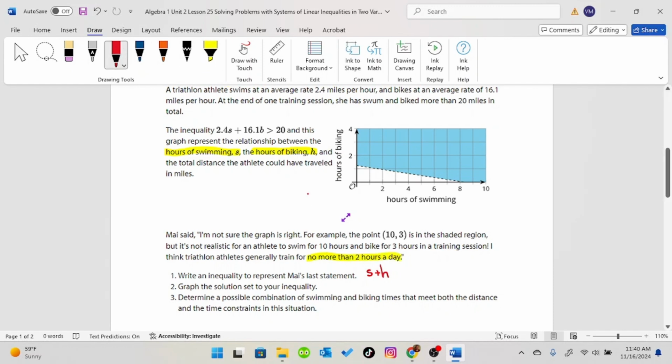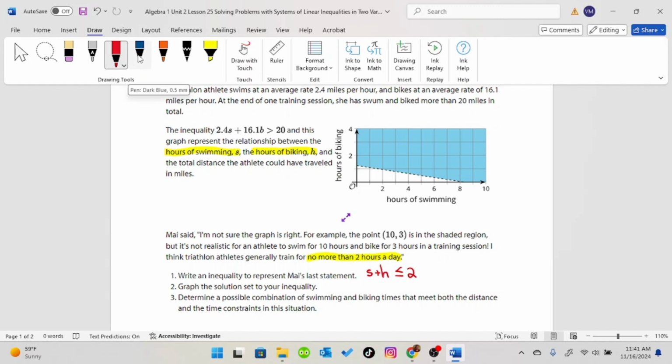So it could be less than 2 hours a day, or it could be exactly 2 hours a day. It just can't be more than 2 hours a day. So S plus H is less than or equal to 2 would be Mai's inequality.